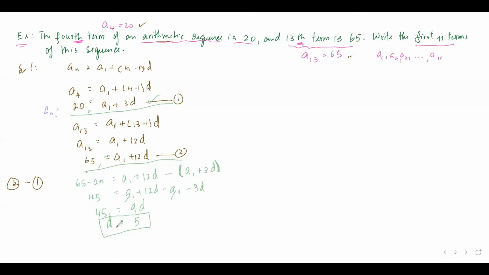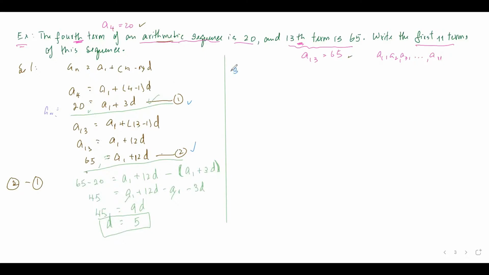Now that we got D equal to 5, we can get A1. Now you can solve for A1. I use the blue color. You can replace D equal to 5 in either equation 1 or 2. I will replace it in equation 1 because the numbers are smaller and easier to calculate.